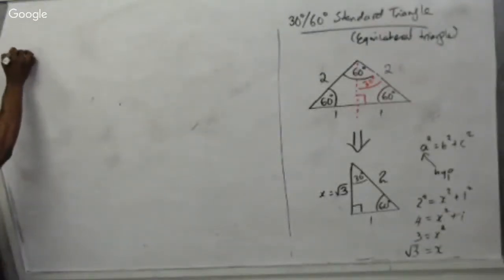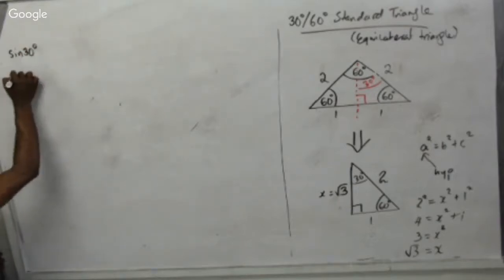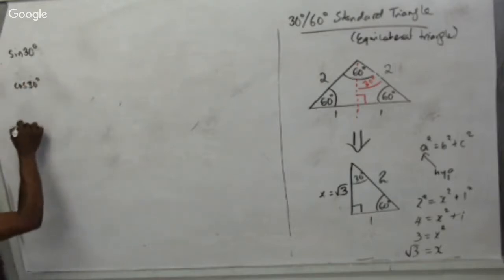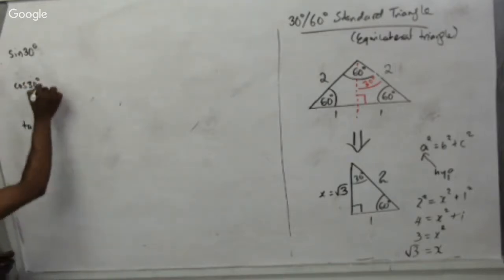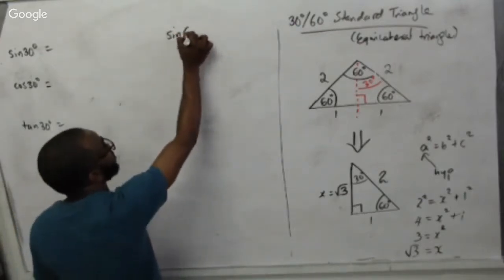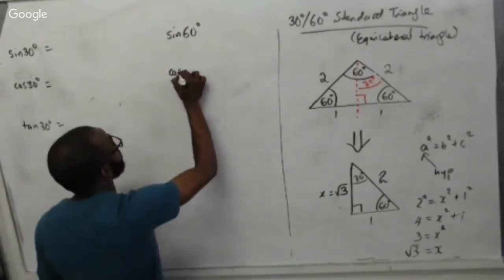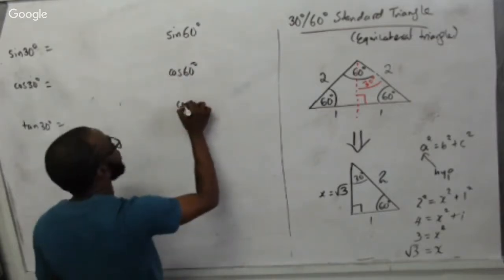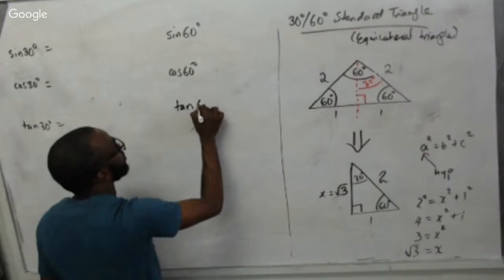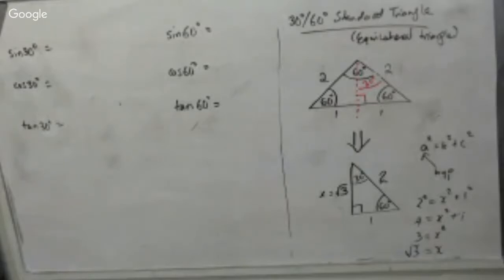So this is sine 30 degrees, cosine 30 degrees, tangent 30 degrees, sine 60 degrees, cosine 60 degrees, and tangent of 60 degrees. That makes sense? Not making sense until you tell me the answer. You're already done?